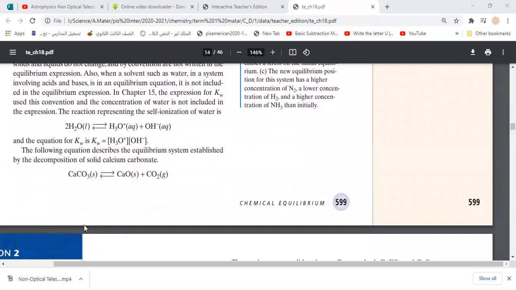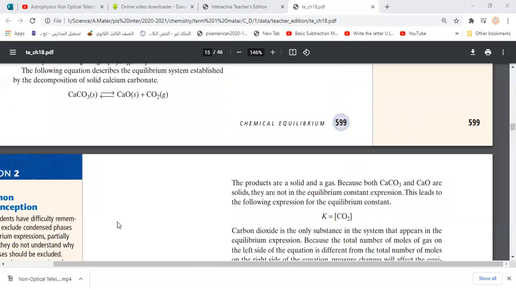ion. The same here, as we can find, calcium carbonate leads to calcium oxide and carbon dioxide. In that case, you could find that the reactant is a pure solid, like calcium carbonate, and of the products one is a pure solid, which is calcium oxide, and the other one is carbon dioxide.